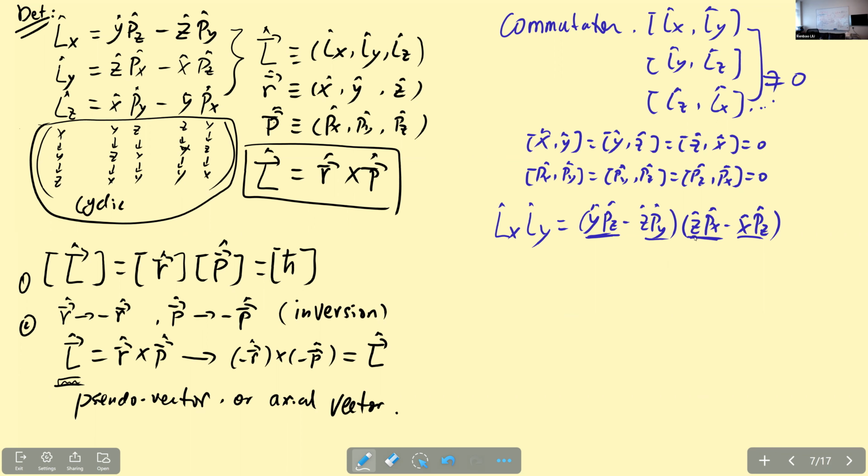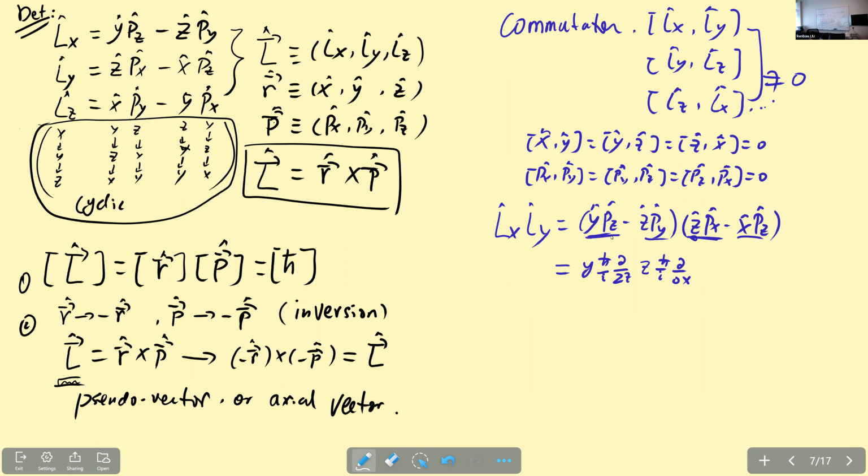Because there's a z right here, the first one will be y h bar over i, partial z, and now this has z h bar over i, partial x, right?